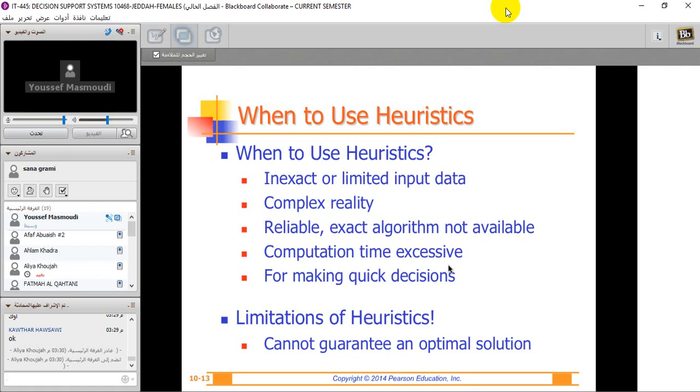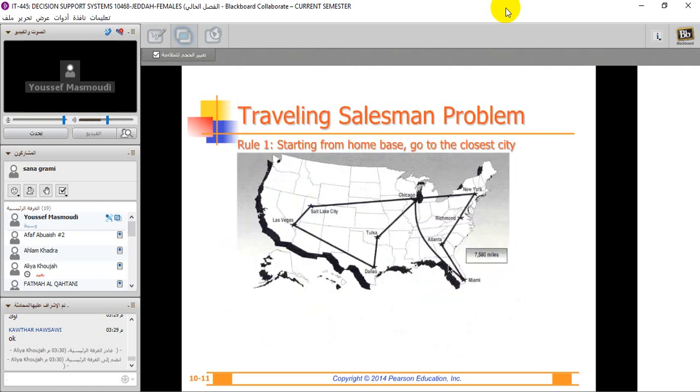The limitation of heuristics: you cannot guarantee an optimal solution. That is, the solution we saw is a good enough solution.